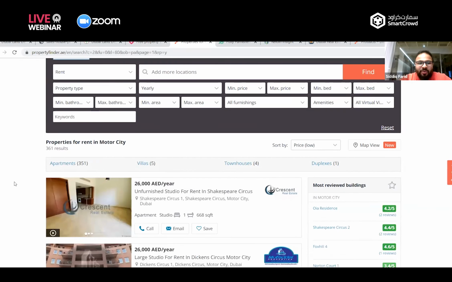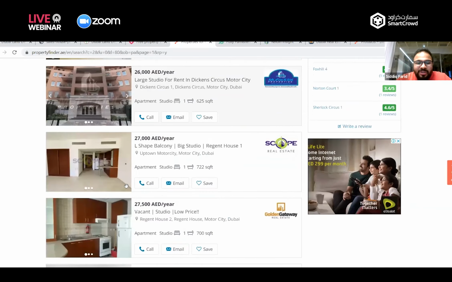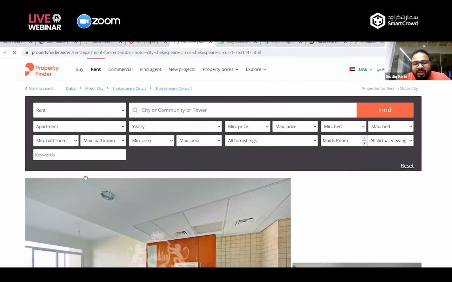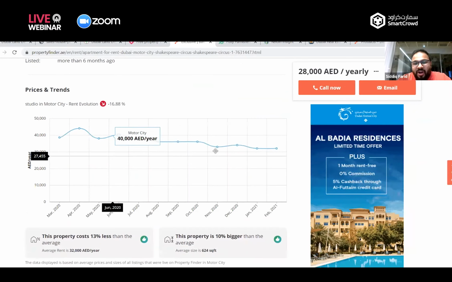But then you start looking at the rent. There's 361 listings. Mind you, not all of them might be real; some might be fake listings. What this means is I'm going to compete with a lot of people to rent my unit, so I'm going to struggle to demand top dollar. So I have to look at the average rent price for this unit. You start getting a formulation of what the rental prices are and what they're trending at.